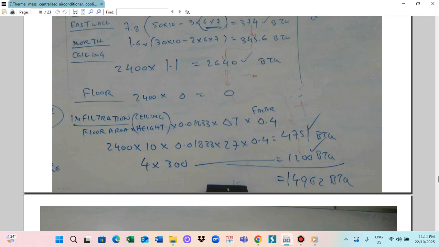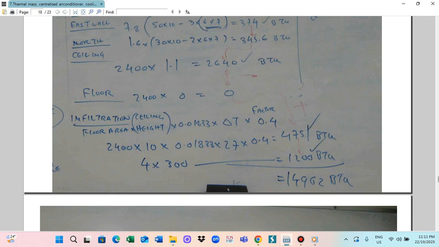So each person emits 300 BTU. There are 4 people living in this house, so 4 multiplied by 300 will be 1200 BTU.